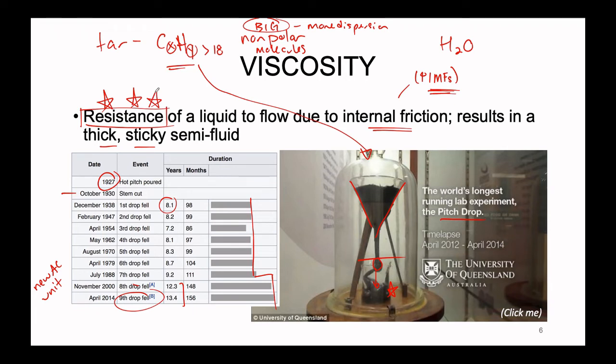So the sum of the parts here is definitely greater than what we would expect. The sum of all of our dispersive interactions, though each individual dispersive interaction is weak, is very, very strong.